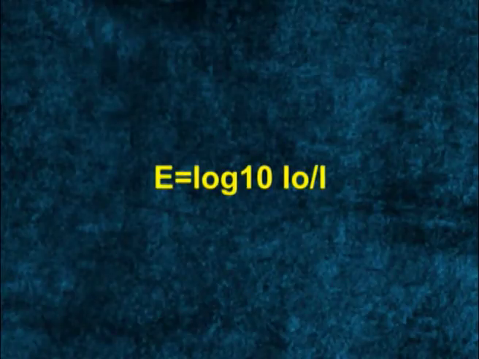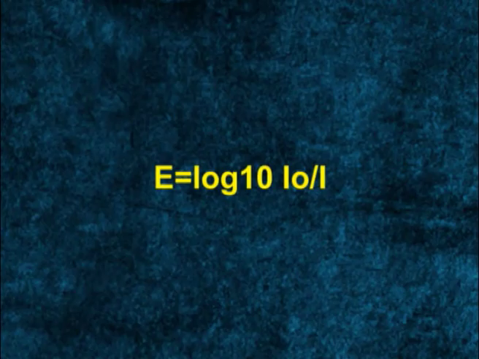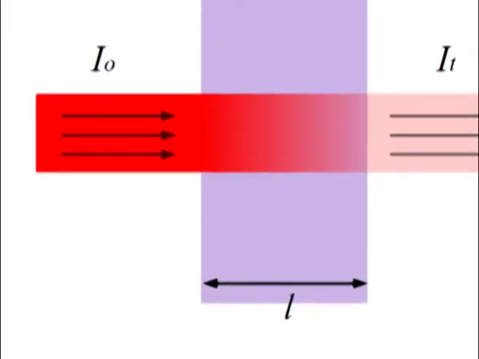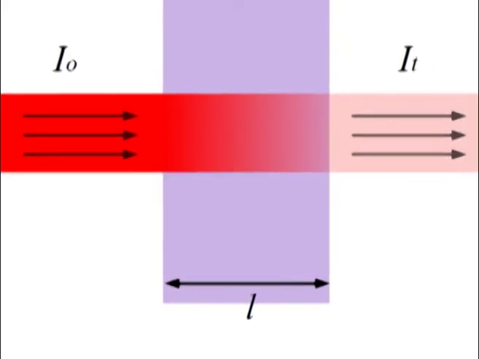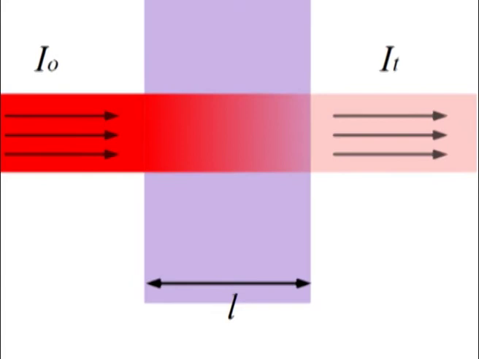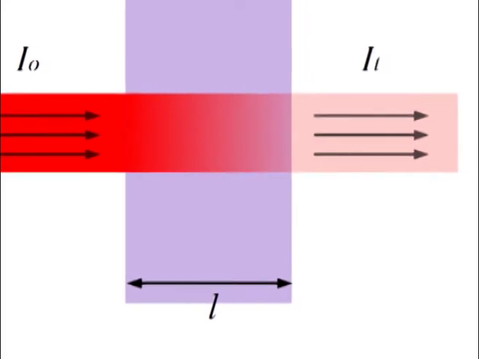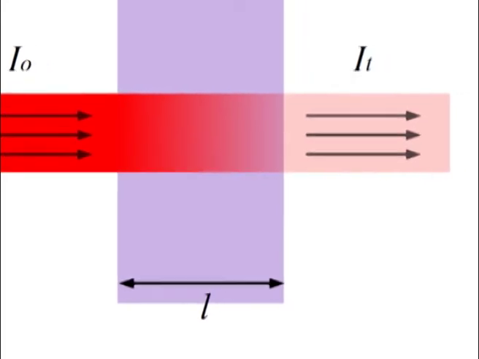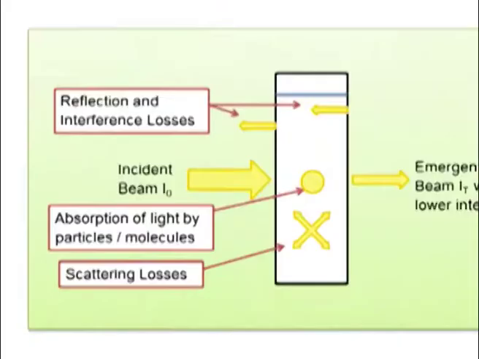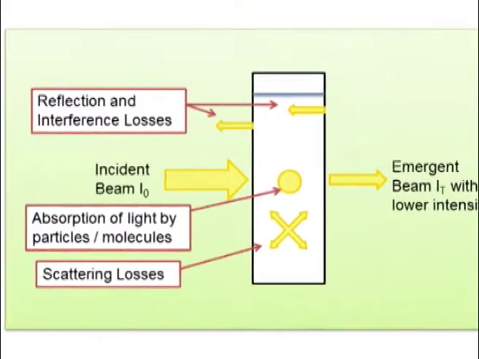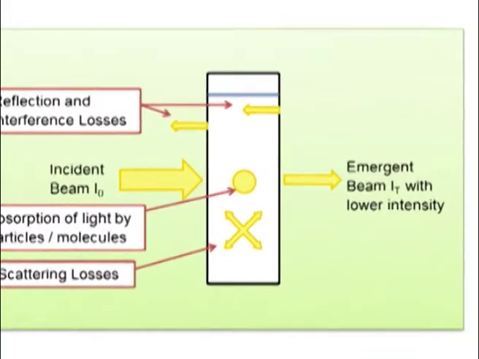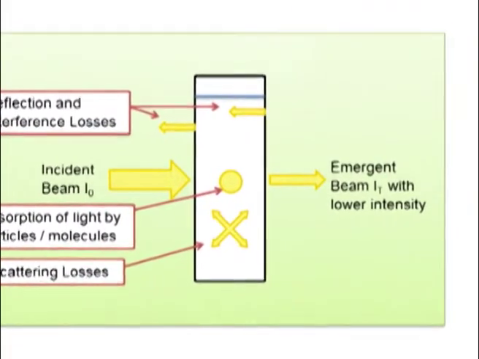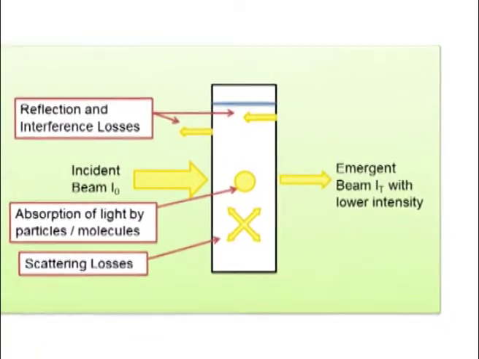Extinction E is equal to log 10 I0 by I. When a monochromatic light of initial intensity I0 passes through a solution in a transparent vessel, some of the light is absorbed so that the intensity of the transmitted light I is less than I0. There is some loss of light intensity from scattering by particles in the solution and reflection at the interfaces, but mainly from absorption by the solution.